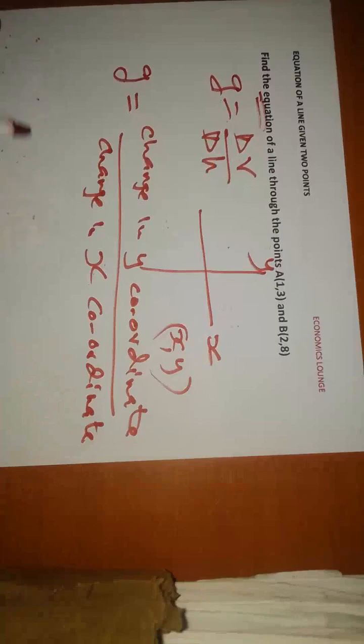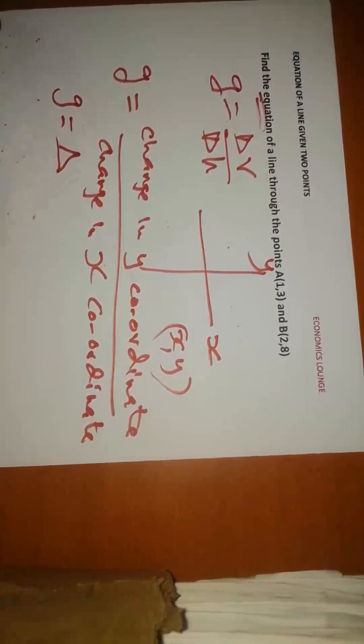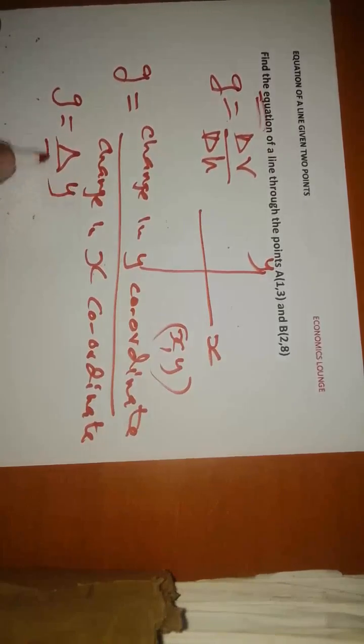This is basically written as gradient is given by change, we normally use that symbol for change, so change in y over change in x.